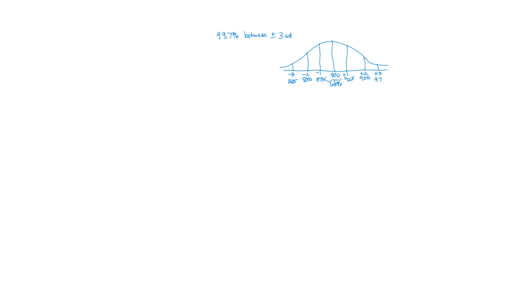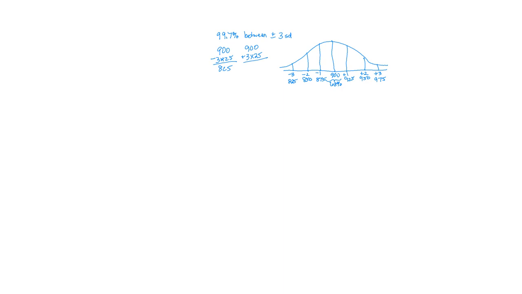So here's another way to think about it. 900 minus 3 times 25. So that's -75 is 825. And then 900 plus 3 times the standard deviation, whatever it is, they're going to tell you, that is 975.